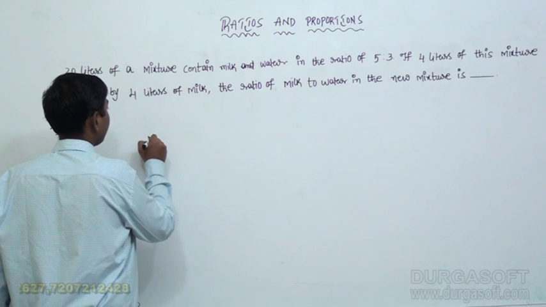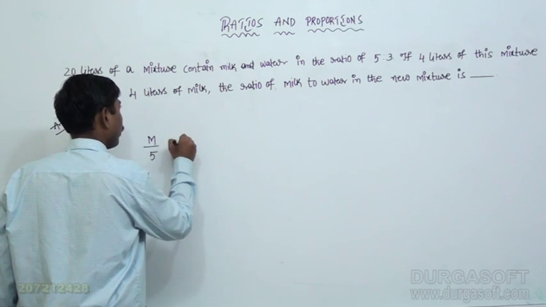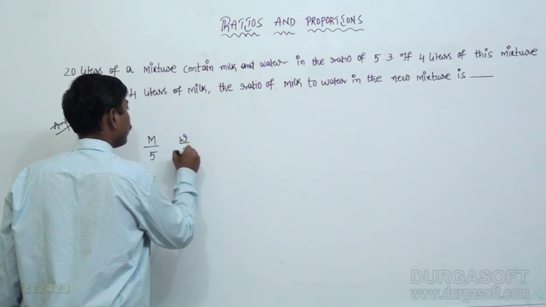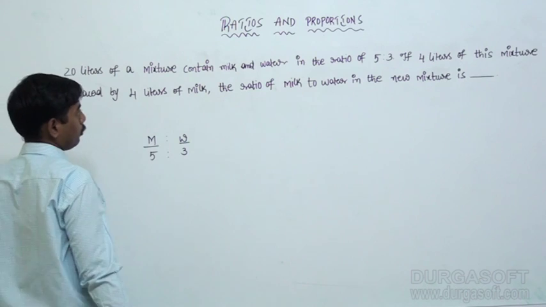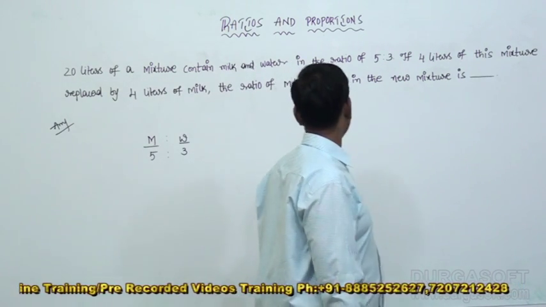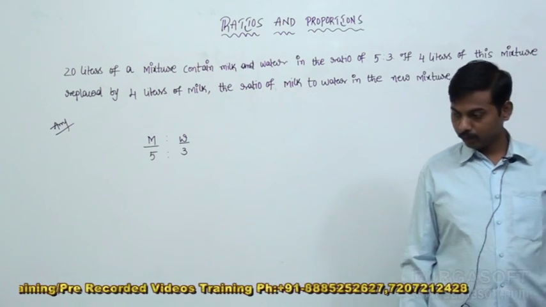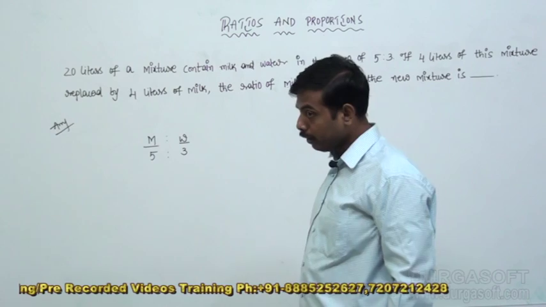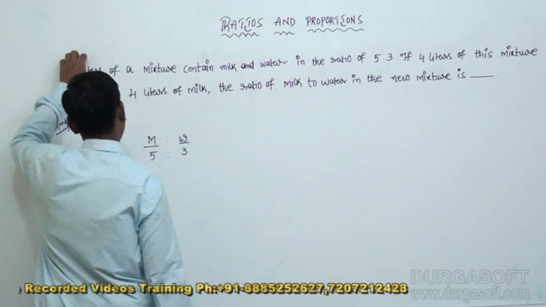Water is how many parts here? 3 parts of water only are present in the mixture. 5:3 means total how many parts, my dear guys? 8 parts. So total how many liters of mixture? 20 liters.